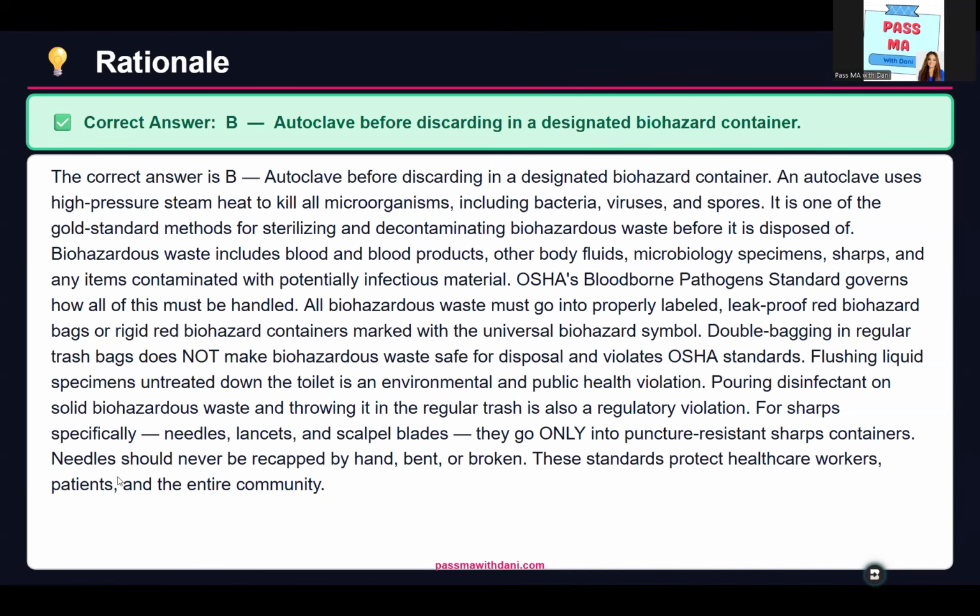When we are talking about biohazard waste, autoclaves themselves use high pressure steam to heat and kill all microorganisms, including bacteria, viruses, and spores. We use an autoclave for any instruments that are reusable. If a biohazard waste is disposable, if it is gauze, if it is any type of dressing, your gloves, that is going to go into the biohazard waste bag, okay?